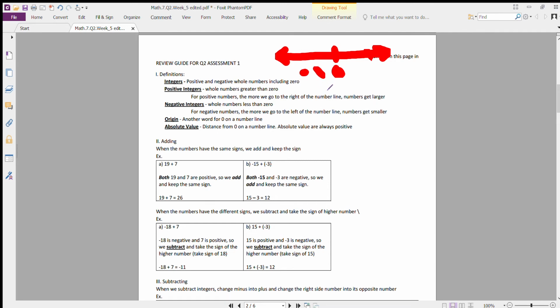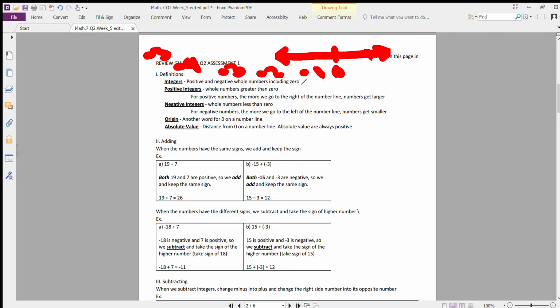You're not going to get negative 1 million, or negative 2 billion, or even negative 3 trillion. Always start with negative 1. And then the further you go, you get negative 2, negative 3, negative 4, up to negative 10, and so forth.